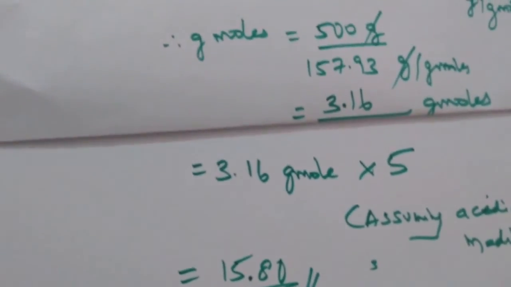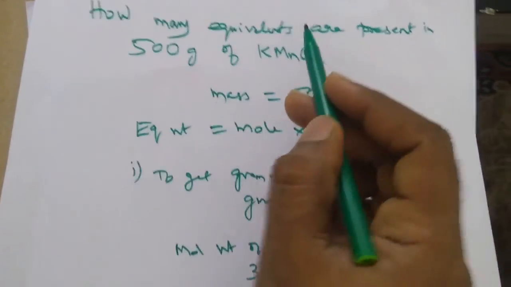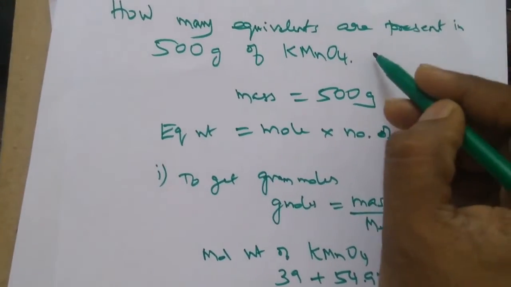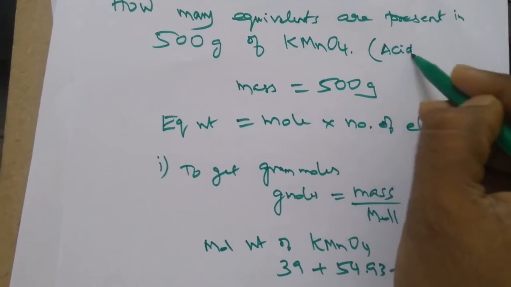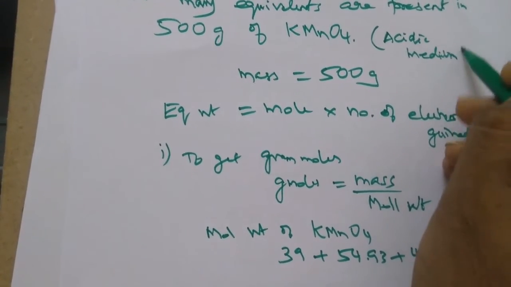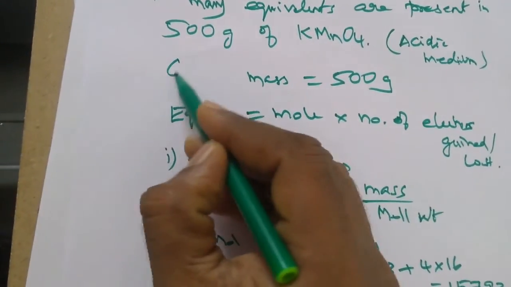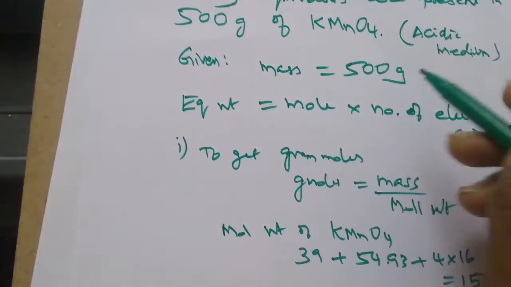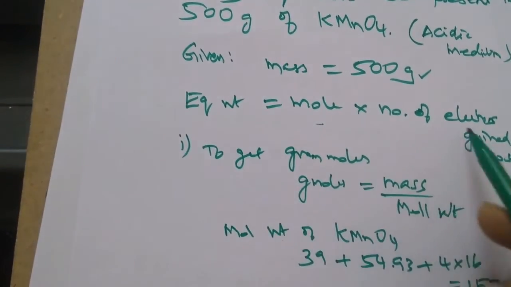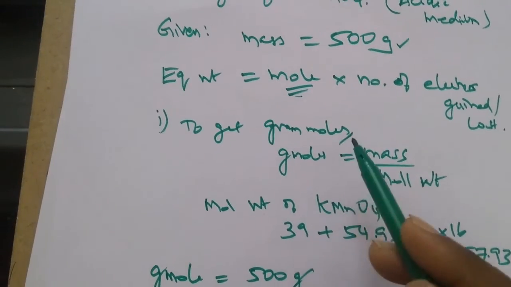This is the equivalence that is present in 500 grams of potassium permanganate. That was the question asked. So what we have done in this problem, since it is more general, we have assumed it to be acidic medium. Mass is given as 500 grams, which we have written. That is the given data. We have written the formula, equivalent weight is equal to number of moles into valency factor.